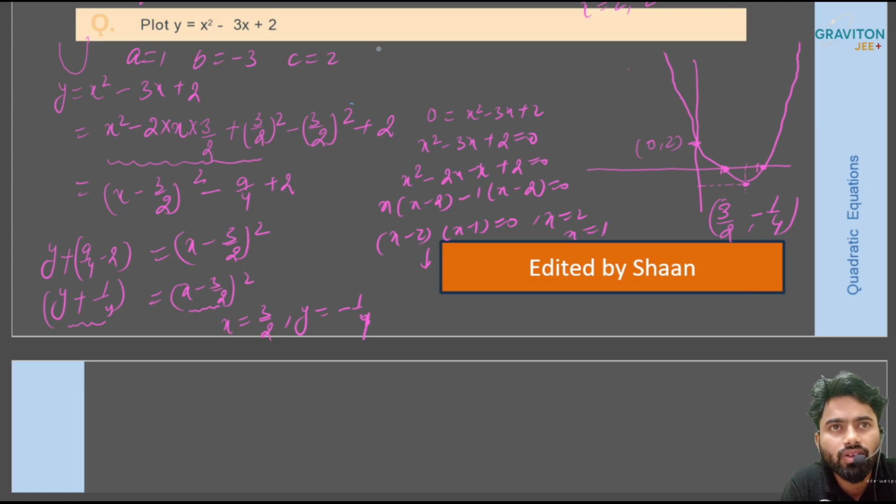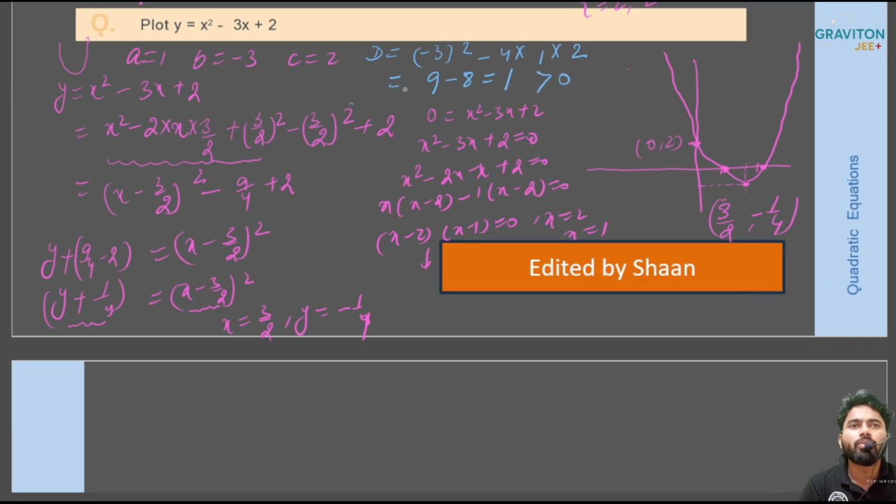Okay, to calculate D equal to b square minus 4ac, b square equal to minus 3 square minus 4 into 1 into 2. So basically you will get 9 minus 8, which is nothing but equal to 1, which is positive. So from here you also look that if b square minus 4ac is positive, then your equation has two distinct roots.